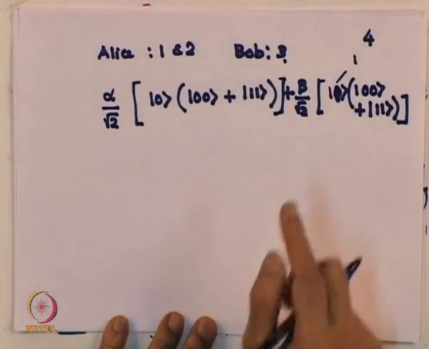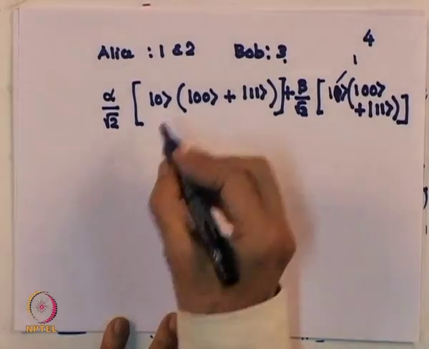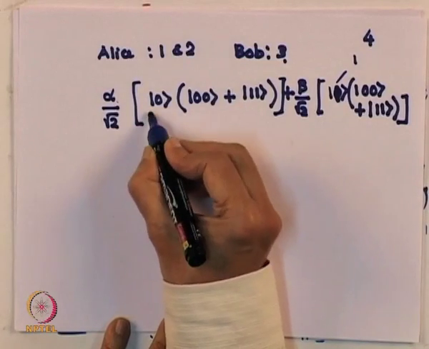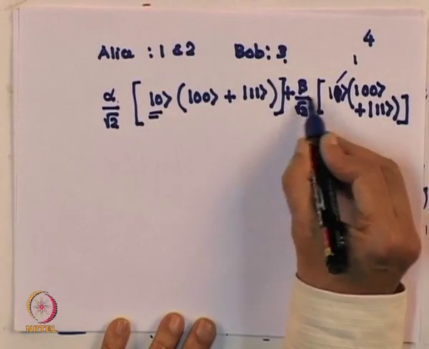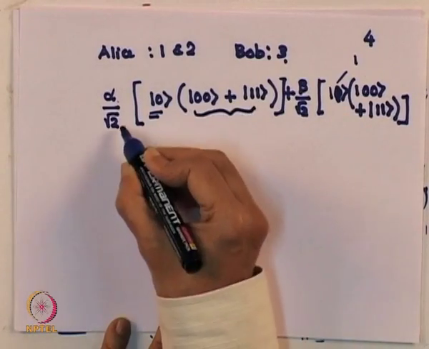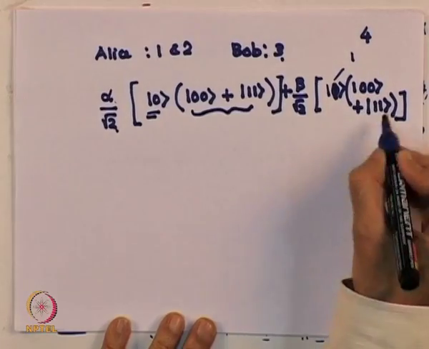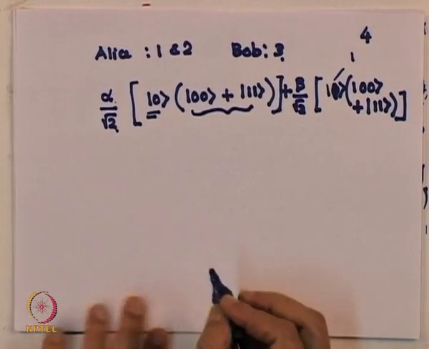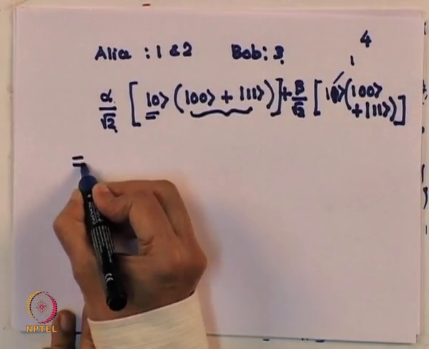So look at what has happened. My original state psi is alpha 0 plus beta 1, and this is the entangled state, 00 plus 11. Now I can rewrite them in a slightly different way.